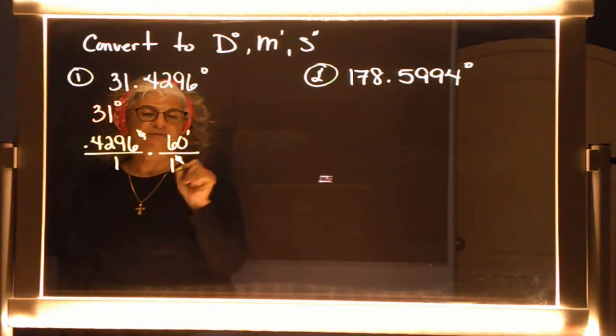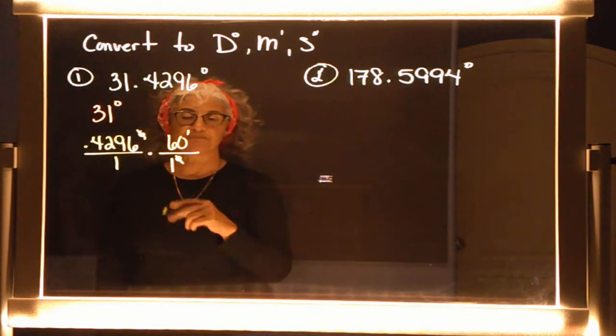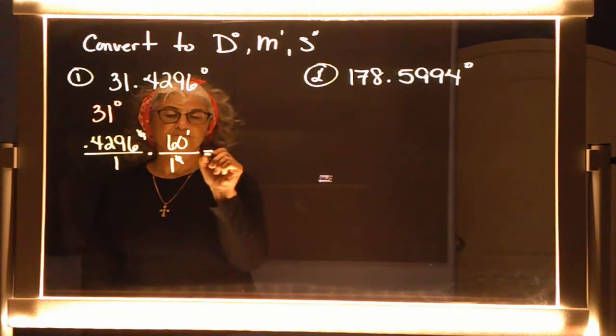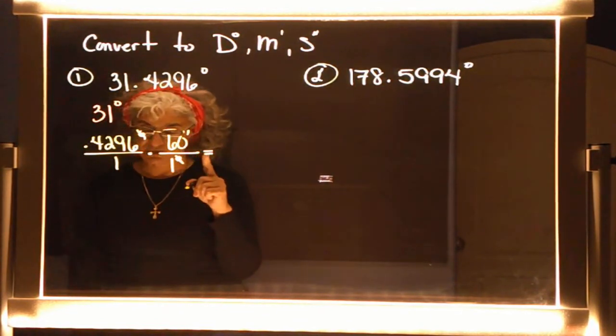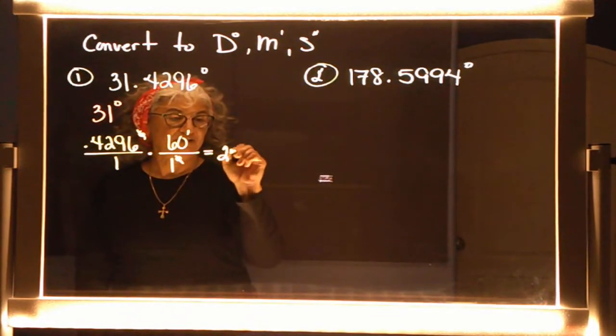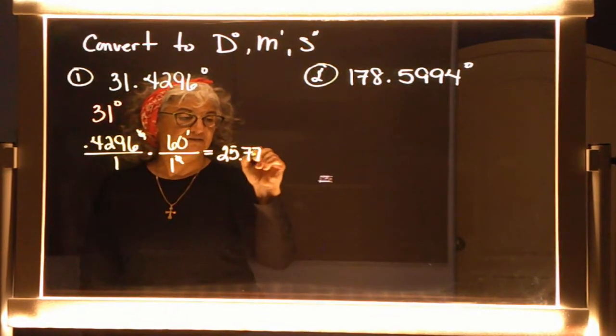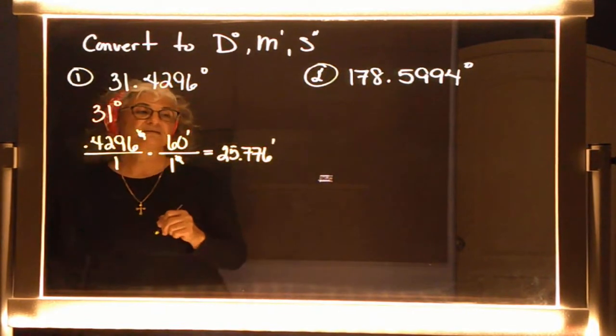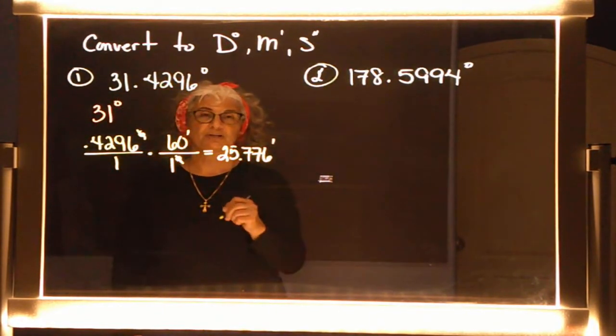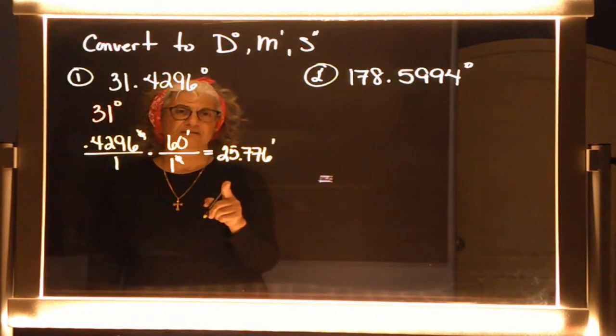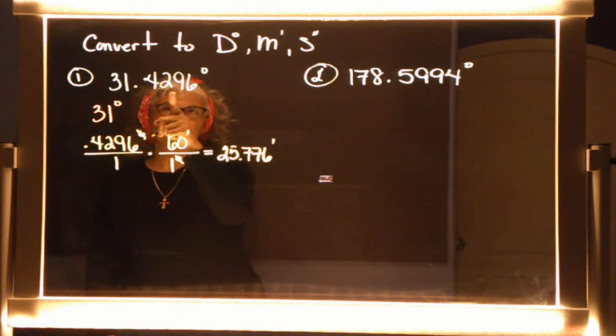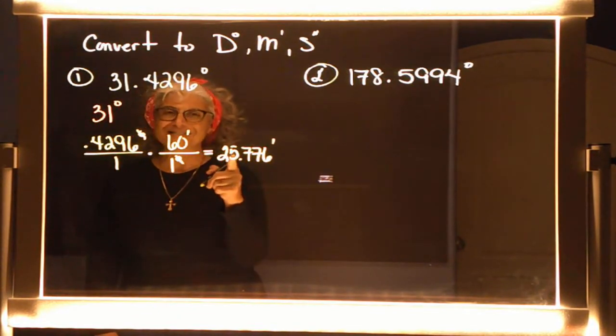We put the degrees on the bottom so they cancel, don't they? So when you get on your calculator, this gives you 25.776 minutes, doesn't it? Good. So check this out. This partial degree gave me 25 full minutes, didn't it?